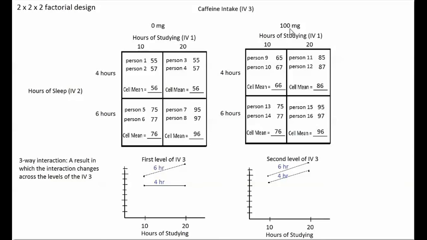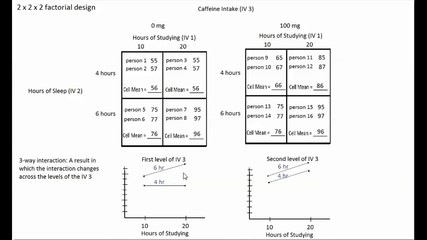But when they do have caffeine, this combination of 4 hours of sleep and 20 hours of studying actually leads to better performance because the participants do actually benefit from their 20 hours of studying. And this dot that used to be down here goes up here. It used to be 56, but now it's 86.